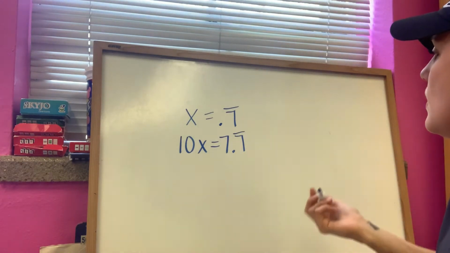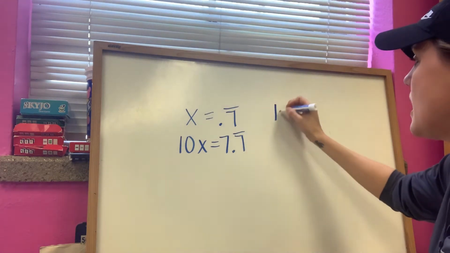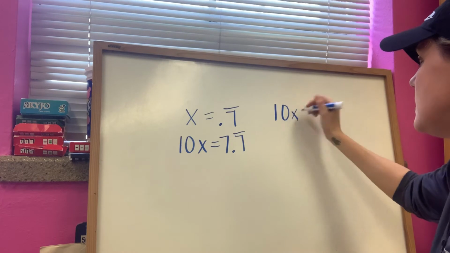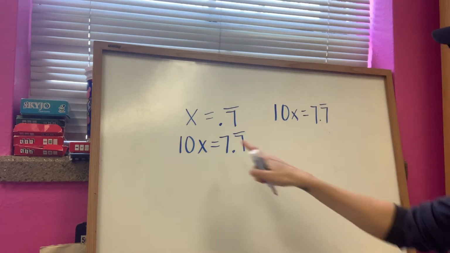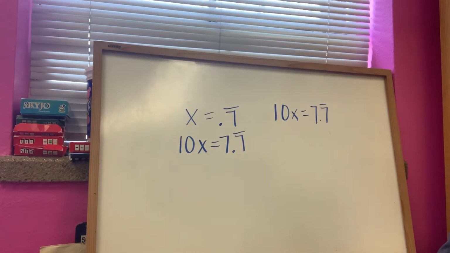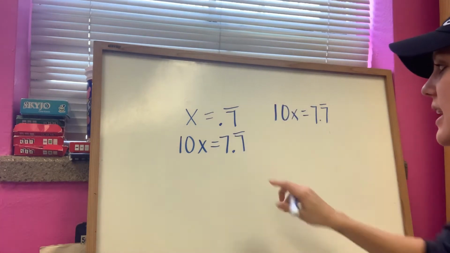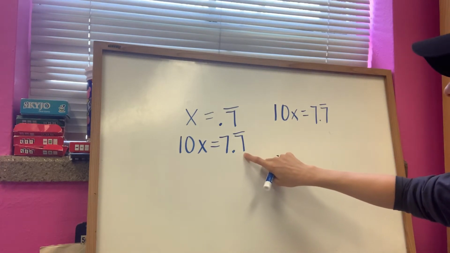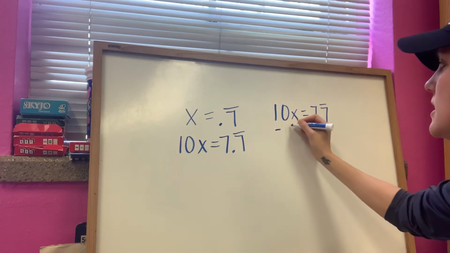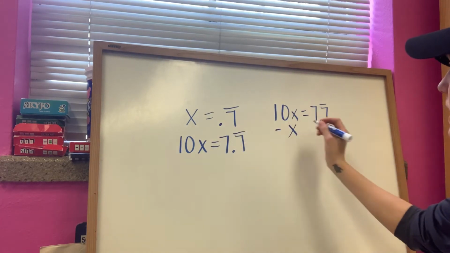Okay, so what I'm going to do is I'm going to write this in a different way. I'm going to say 10x is equal to 7.7 repeating, and I'm going to subtract this 1x from it because I want to get rid of that repeating 7. That makes it really confusing on how to write this as a fraction. So I'm going to subtract that 1x, which is equivalent to 0.7 repeating.